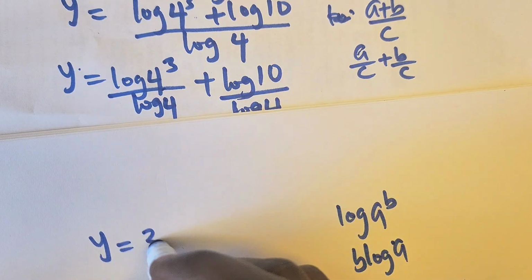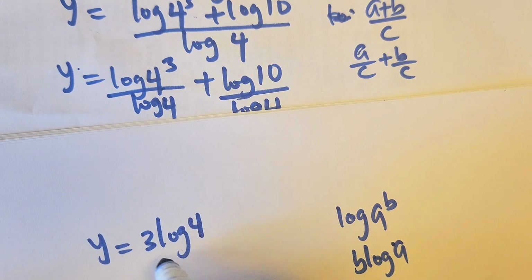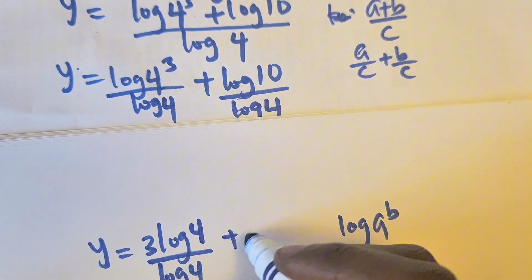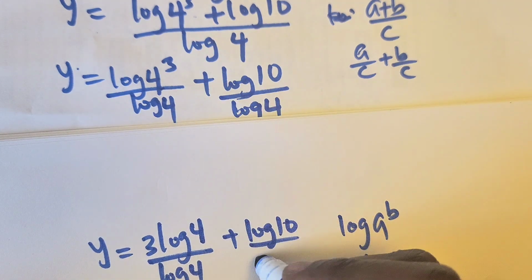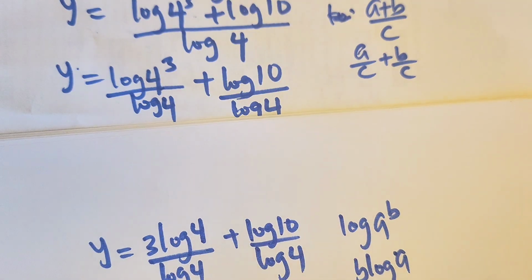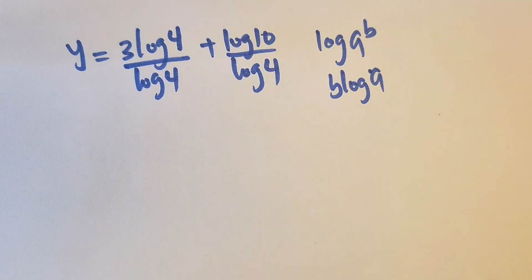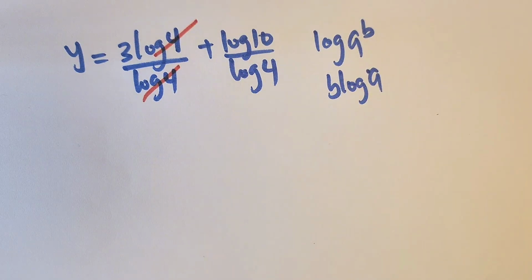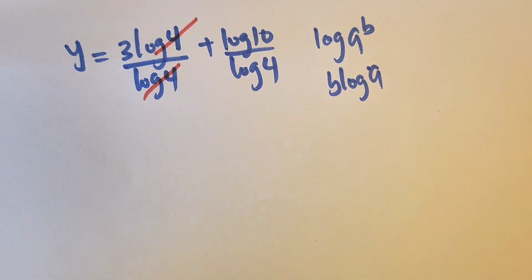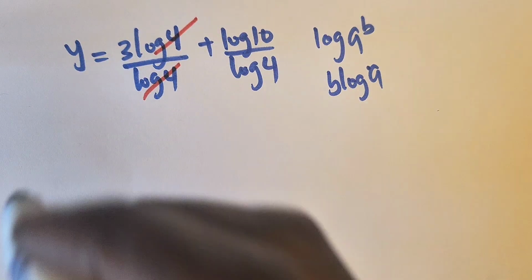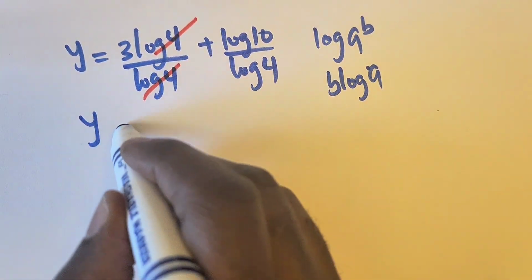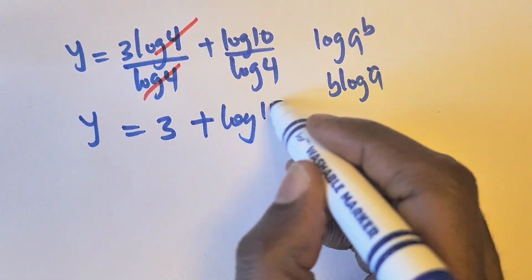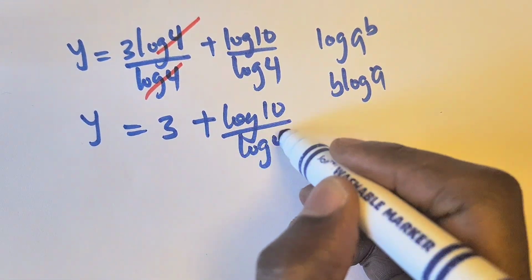So this is going to be 3 log 4 divided by log 4 plus log 10 divided by log 4. Now, from this also, we can cancel out log 4, log 4. Why? Because they are the same. And from there, we're going to have y equals 3 plus log 10 divided by log 4.